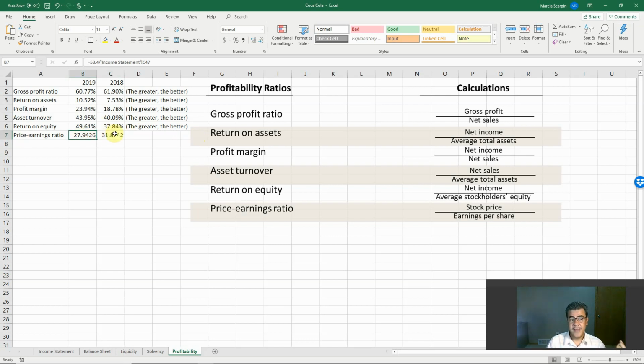So here, the greater the number, the more expensive is our stock price, or the more the market sees a potential future earnings. So here we don't have the greater the better, the lower the better. We need to combine this analysis with other analysis. Okay, but so this one, stock price, we need to Google it, and it is not hard.